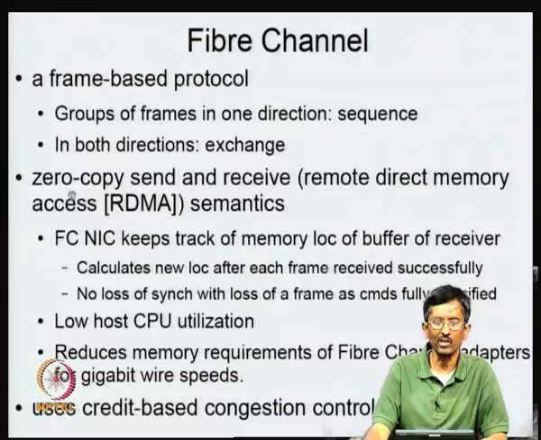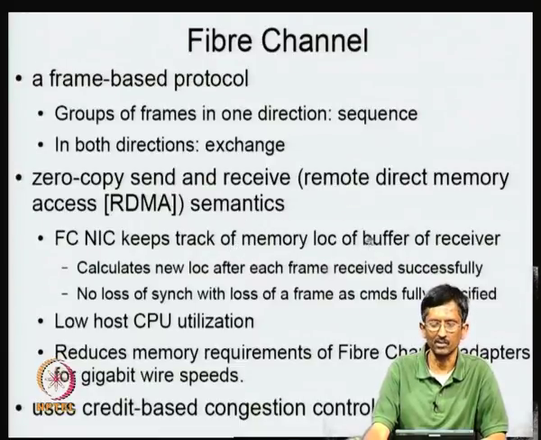So, you can essentially avoid extra copies. And after one frame is transferred, the network interface card calculates a new location for the next frame, and it does it every time. Therefore, it can always keep track of the memory location.